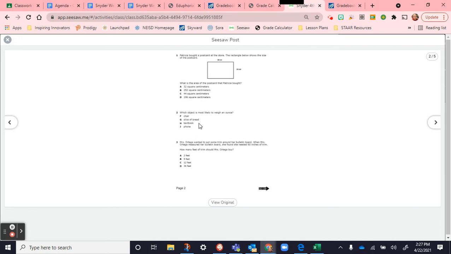And you can just explain your thinking. So I chose blank because I know that an ounce is blank. So you can still show your thinking on those. Once you do this, I'll turn it into me, and then I will say, yep, you're good to go. I see that you showed all your work. Thank you. Go ahead, enter into Aware.